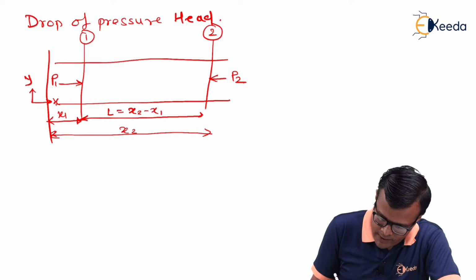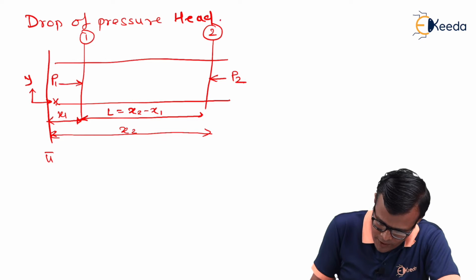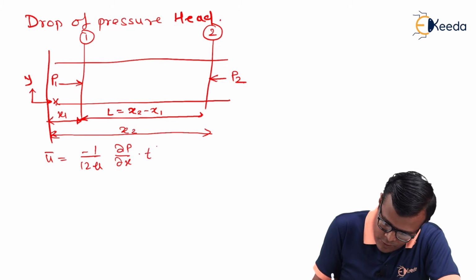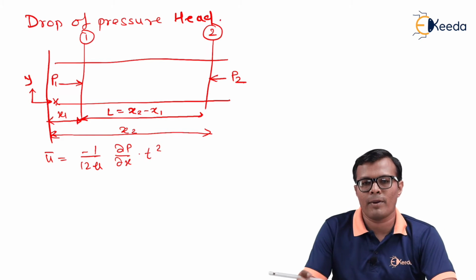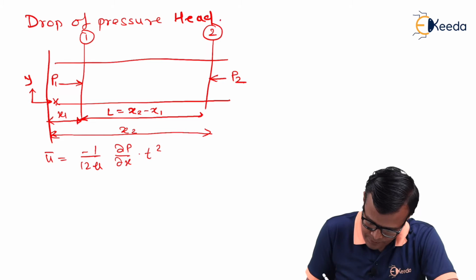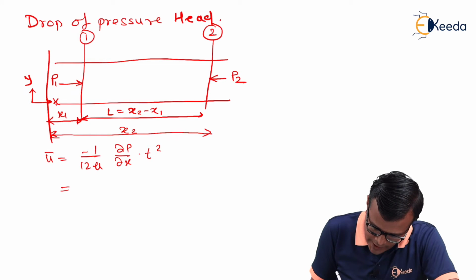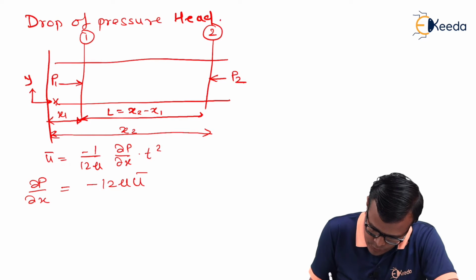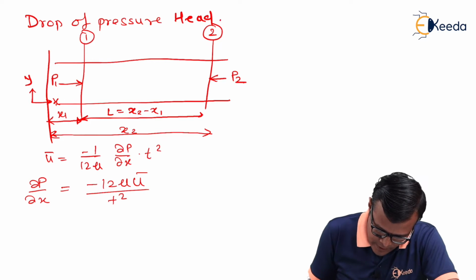So we will start with basic relation, that is u bar equal to minus 1 upon 12 mu delta p by delta x into t square. Here the term delta p by delta x is nothing but the drop of pressure with respect to the x distances. So we can have relation for delta p by delta x as minus 12 mu u bar upon t square.